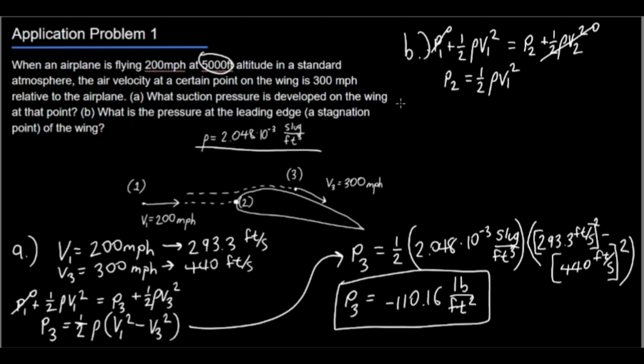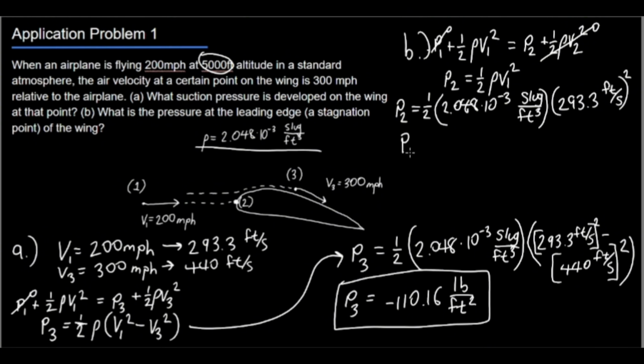Then we're going to plug in our painfully long expression where we've got 2.048 times 10 to the negative 3 slugs per feet cubed. We'll make that one quantity times V1, which is 293.3 feet per second, quantity squared.